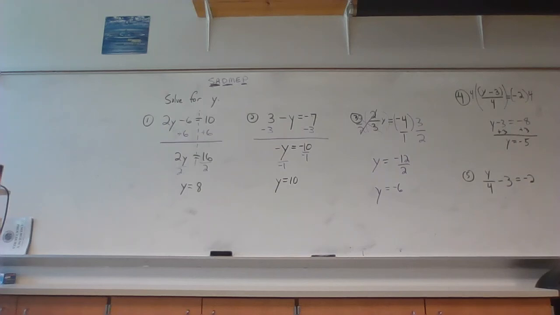Yeah, we're going to add 3. Okay? In this problem, we're subtracting 3. We can add it to the other side. Add 3 to both sides. So now we have y over 4 equals negative 2 plus 3 is 1.